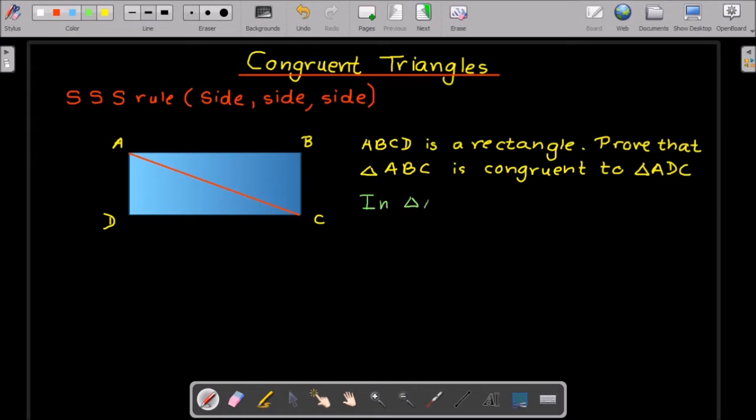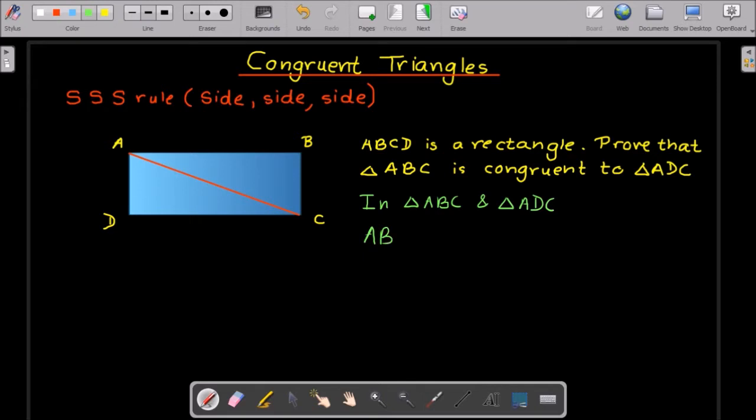I'm going to start off with an opening statement, and the opening statement is in triangle ABC and triangle ADC. Now let me highlight the two triangles. So this is triangle ABC and this is triangle ADC, and we know that ABCD is a rectangle.